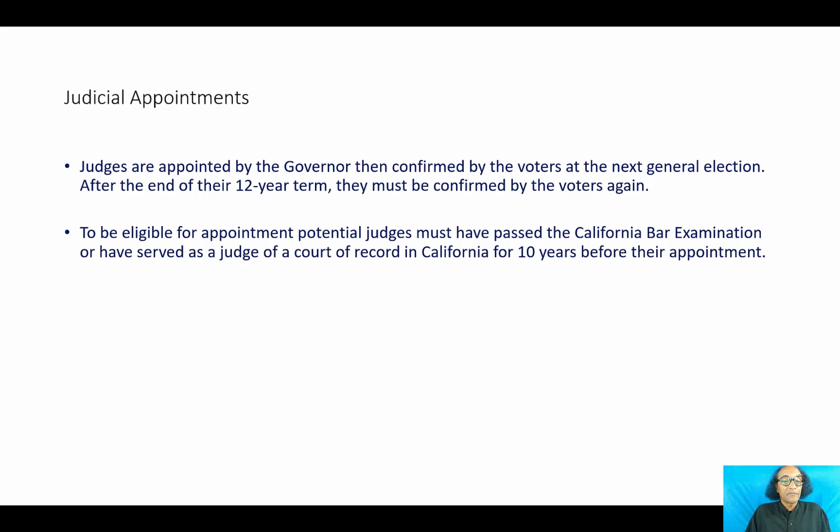Judicial appointments: judges are appointed by the governor, then confirmed by the voters, as I said, for a period of 12 years, and then they must be confirmed again.